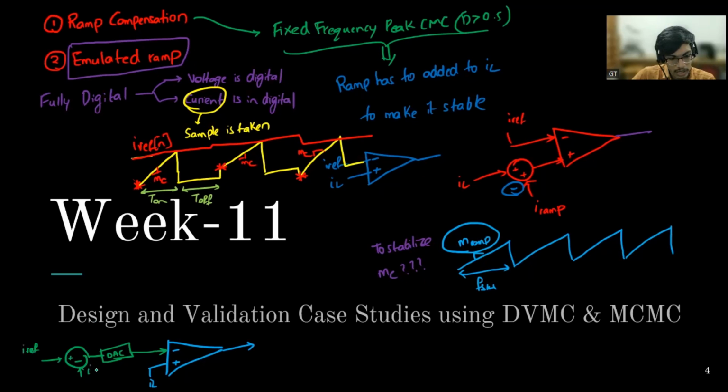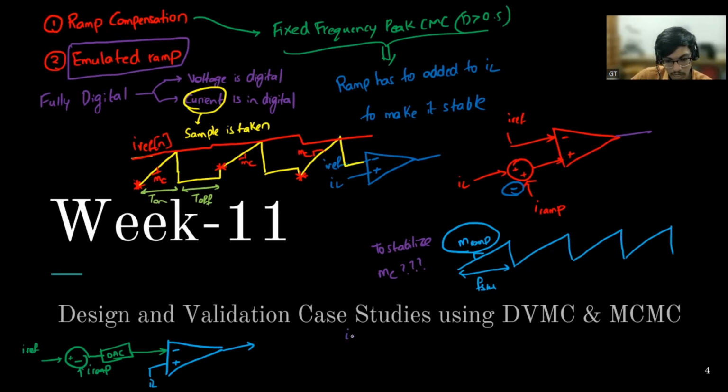This is IRAMP. So our comparator is comparing IL plus IRAMP with I reference, which will be equivalent to comparing IL with I reference minus IRAMP. Assume all are constant. Say IRAMP is also some constant value.